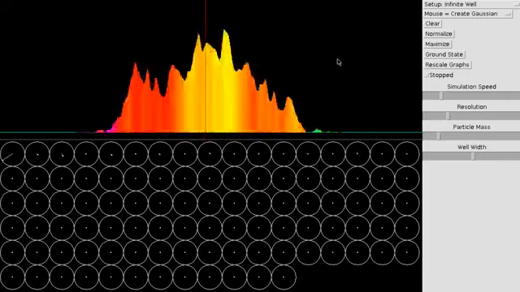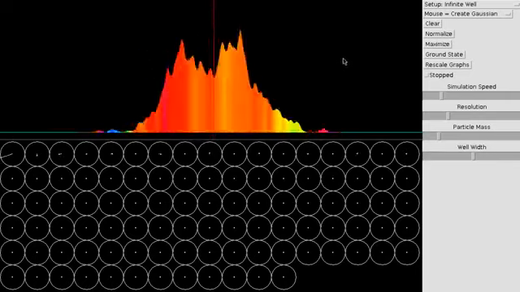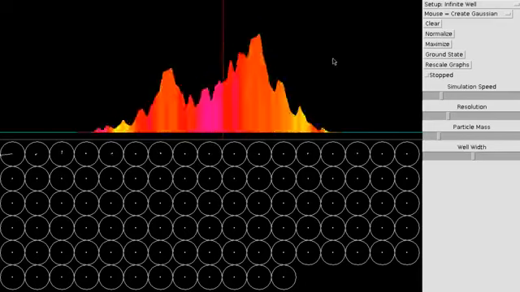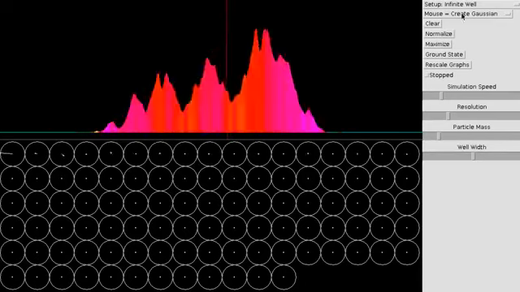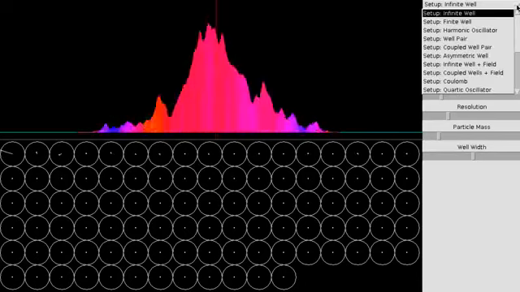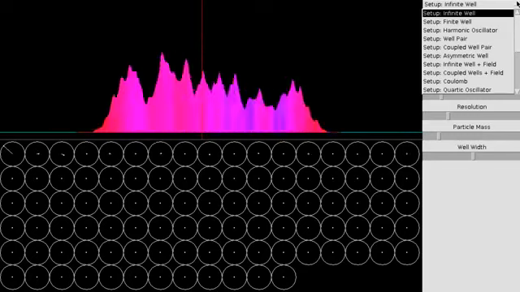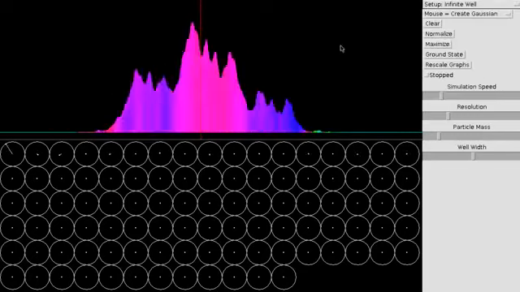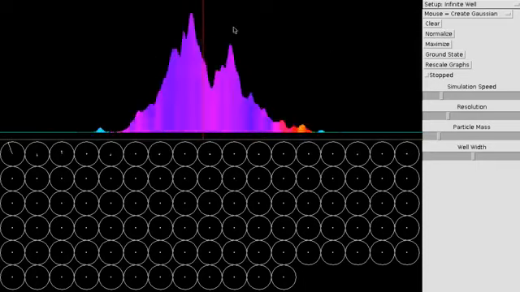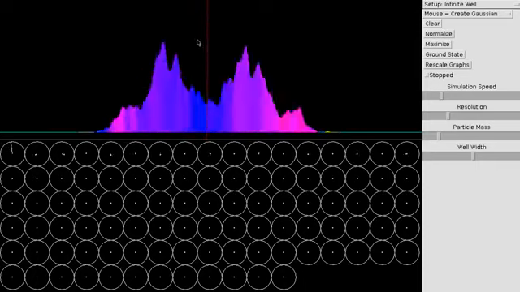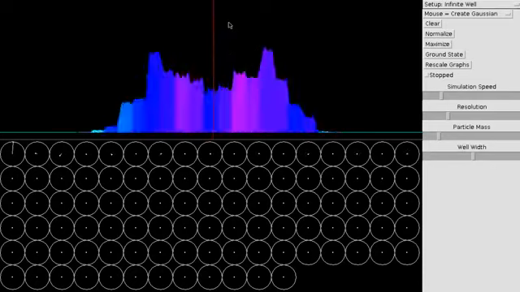I highly encourage you to play with these simulations just to get a feel for how time evolution in the Schrödinger equation works. There are a lot more than just the square well here. There's a finite well, harmonic oscillator, a pair of wells. There are lots of things to play with, so you can get a reasonably good feel with how the Schrödinger equation behaves in a variety of physical circumstances.